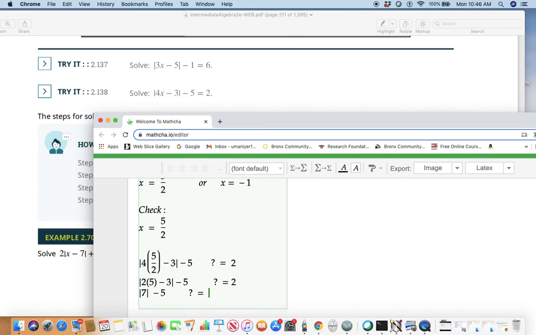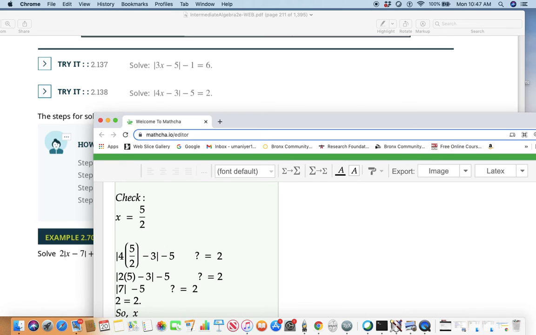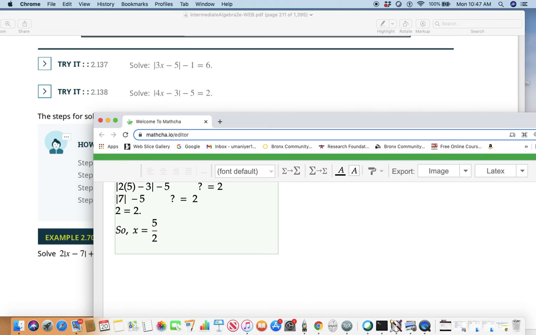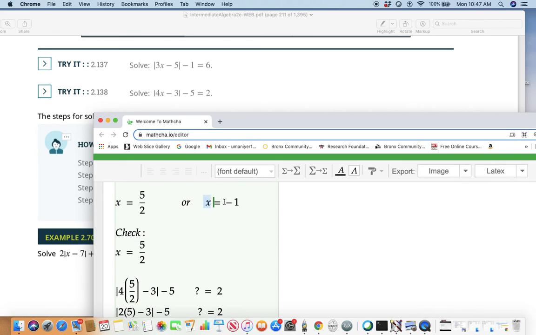Question, is it 2? Absolute value 7 is 7. 7 minus 5, 2 is 2. Yes, right? In other words, x equals 5 halves is a solution.